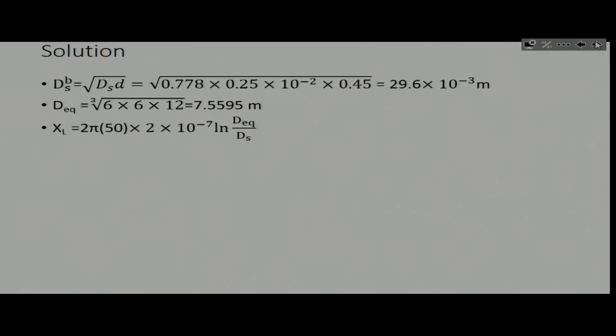And XL is 2 pi times 50, which is the frequency, times L, which is 2 times 10 to the power of minus 7, ln D equivalent over Ds, times 2 times pi times 50, 7.595 divided by 29.6 times 10 to the power of minus 3, and that gives us 348 microhenry.